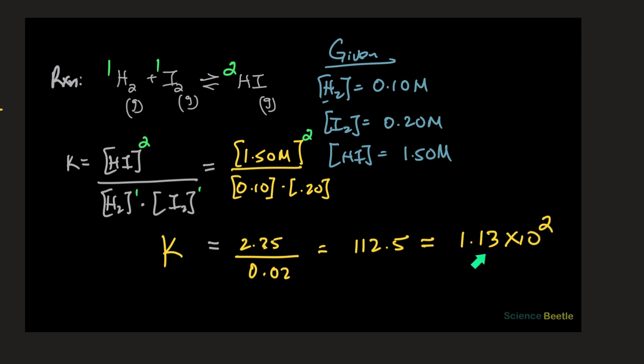So this value is going to strongly favor product formation. You could say that the reaction is strongly favored to produce products. It almost appears like this reaction is going to go to completion, exhausting all amounts of the reactants to form a tremendously high amount of product.